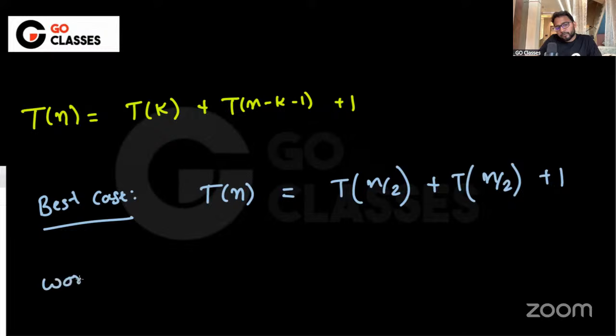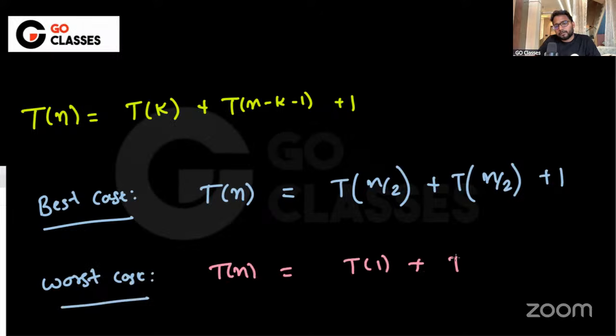The worst case could be when your root is such that you are dividing in such a way that you just have one number here and n minus 1, n minus 2 numbers here, and then plus 1. So this could be the worst case, this could be the best case.